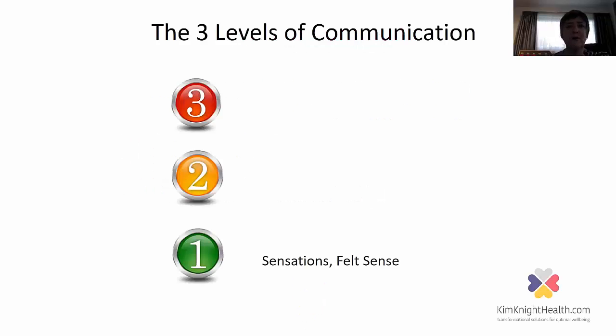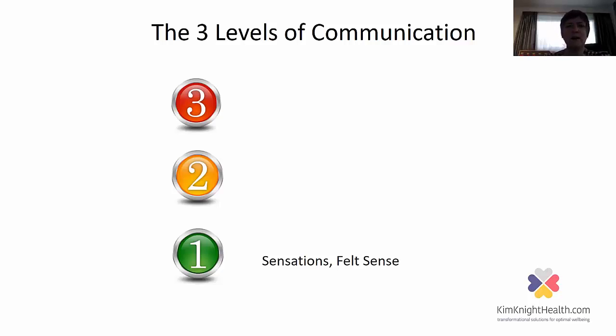So let's start with level 1. Our body has this inbuilt mechanism inside of us to feed back to us how it feels about everything that's going on in our environment. And that environment is both internal environment in terms of our thoughts, but also our external environment in terms of what's happening around us in our work, in our family life, people, events, situations.